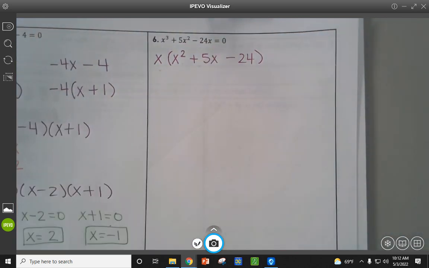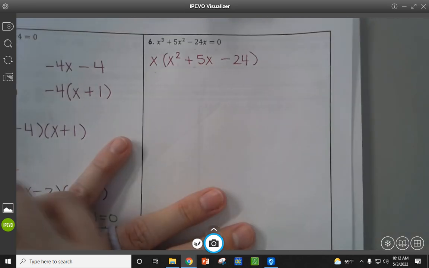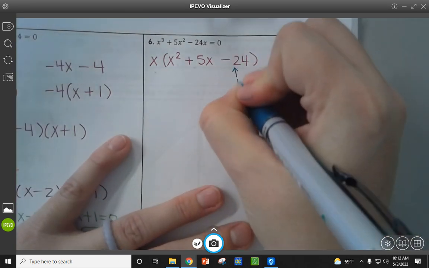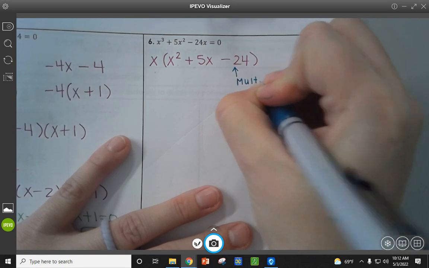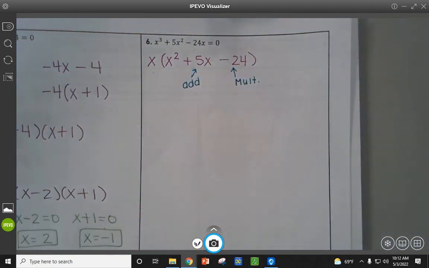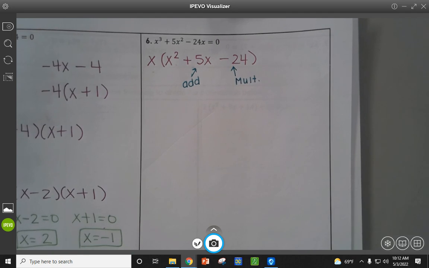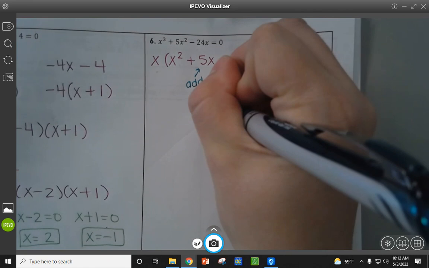So how do I factor these? Multiply to get negative 24 and add to get 5. What are those 2 numbers? 8 and negative 3.